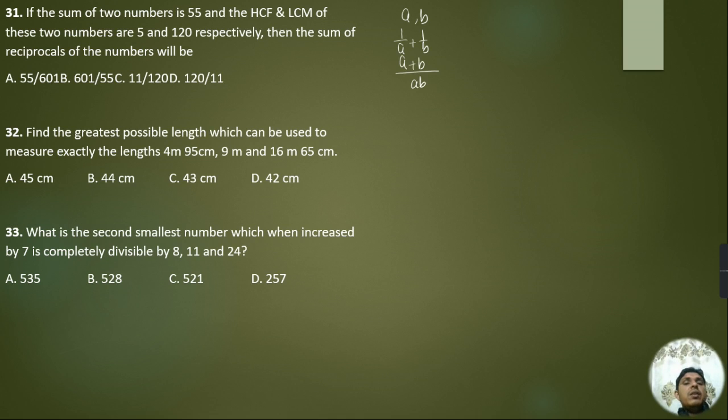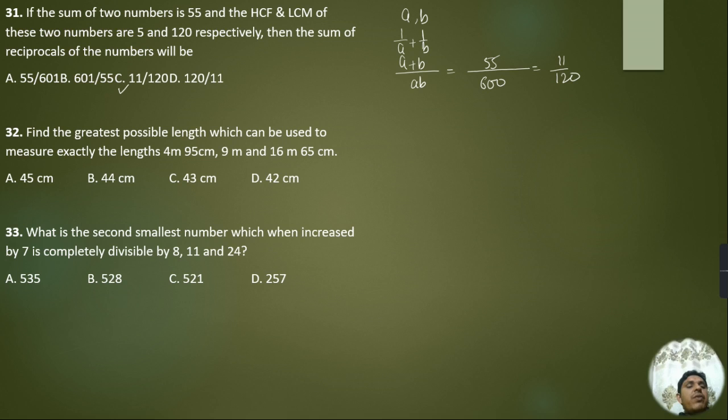We already know that the product of the numbers is equal to LCM multiplied by HCF, so AB value will be 600, and the sum of the two numbers is 55, so just put the value of 55. If we solve it, this will be 11 divided by 120. So students, the answer of this question will be option C, that is 11/120, right?